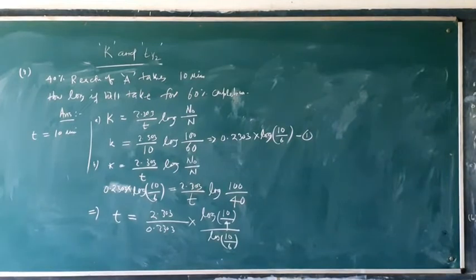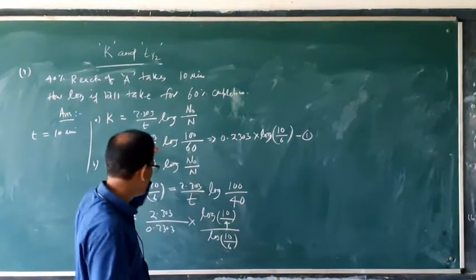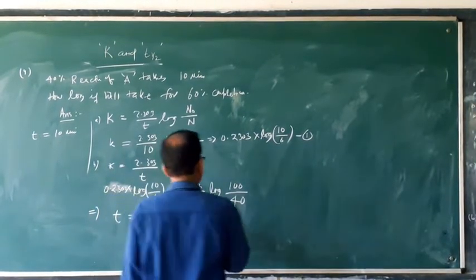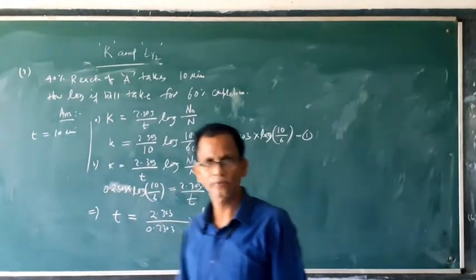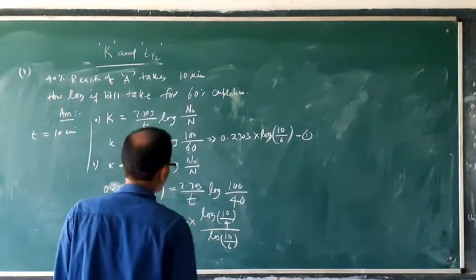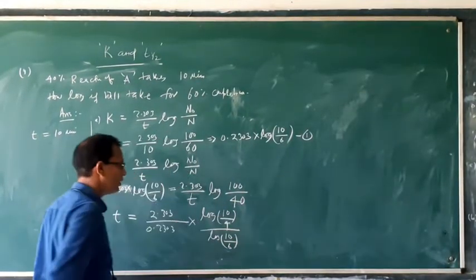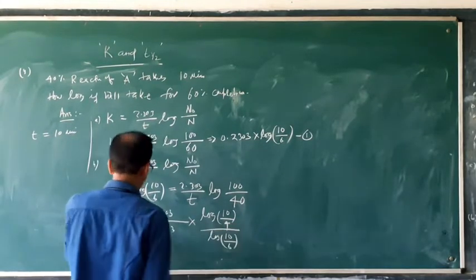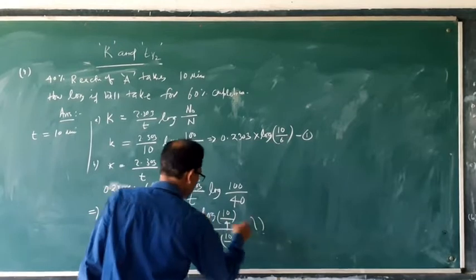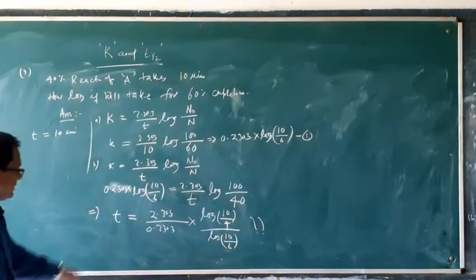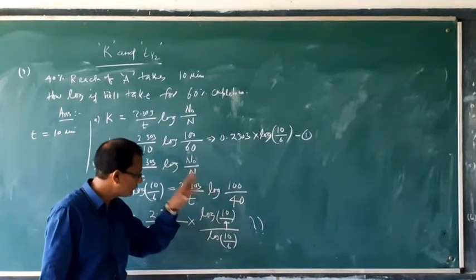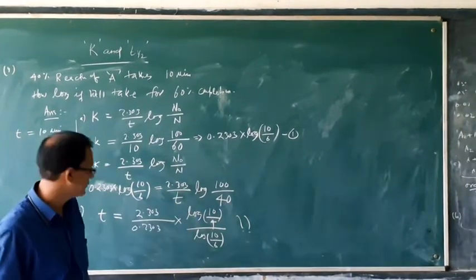Approximately, what will be cancelled? Log 10 by 4 is equal to log 10 minus log 4.